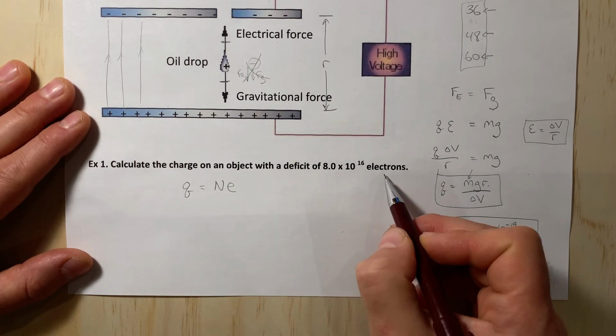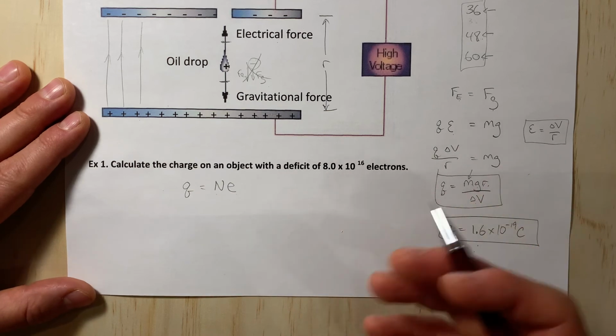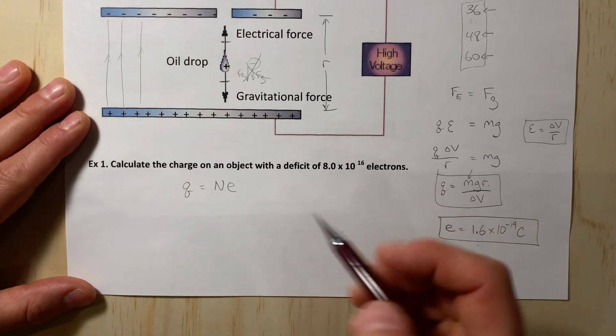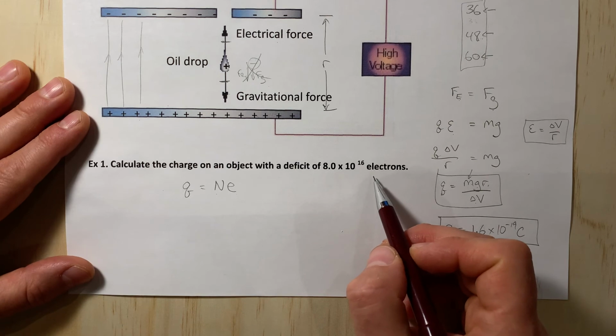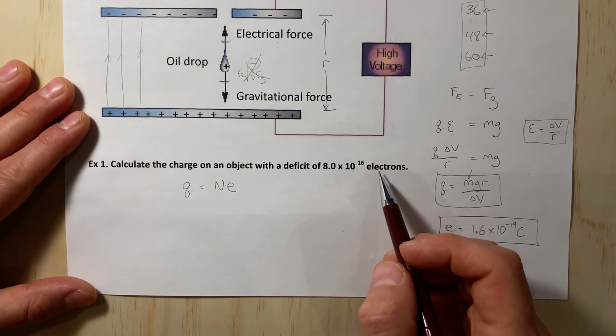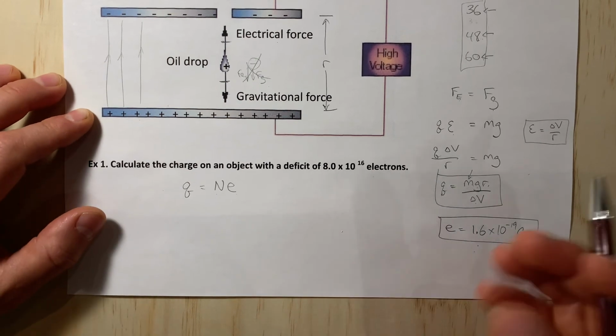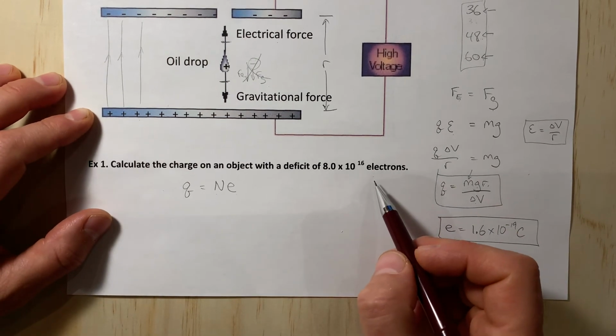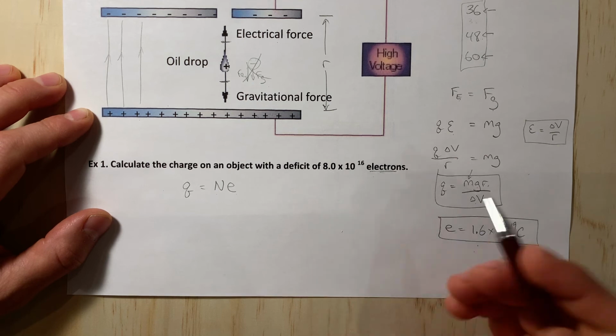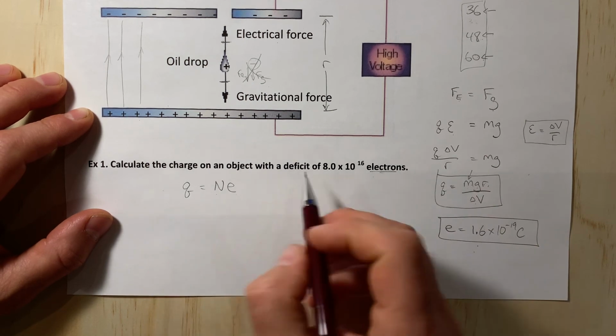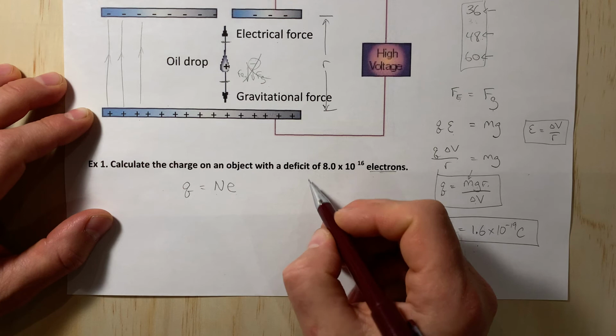So we often talk about electrons because it's actually the electrons that you can remove from an object or add to an object. The protons just stay still, but it just depends on how you want to talk about it. We usually talk about electrons, but you could talk about protons as well. In this case, we've got a deficit of electrons.